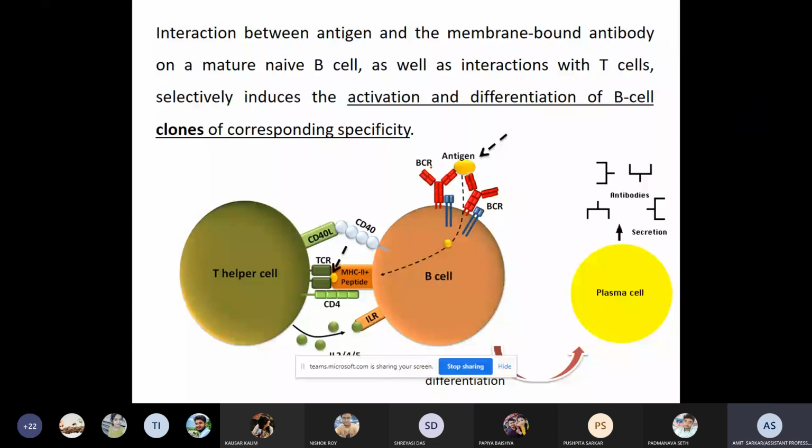The T helper cell, after recognizing it as a genuine foreign molecule, provides a signal to the B cell in terms of cytokine to convert to the plasma cell and to produce antibody molecules, called secretory antibody, that are soluble in blood plasma. Those secretory antibodies come out from the plasma cell and are distributed to different parts of the body, and anywhere they find that particular antigen molecule, they will bind to it and try to neutralize the infection.